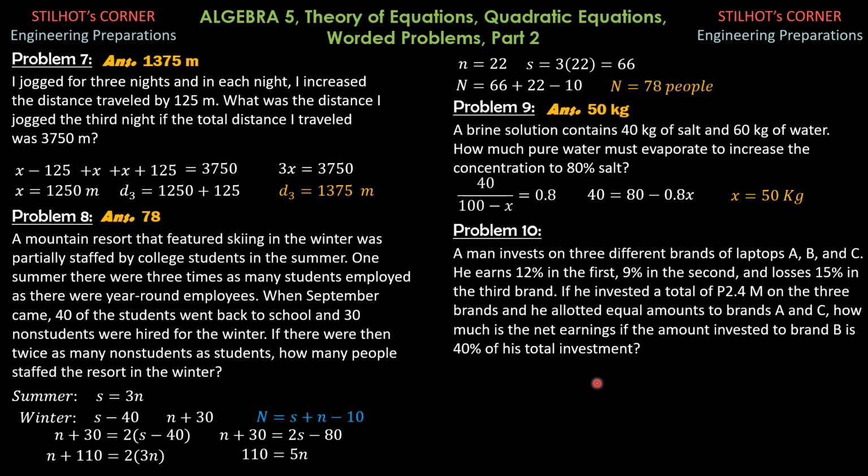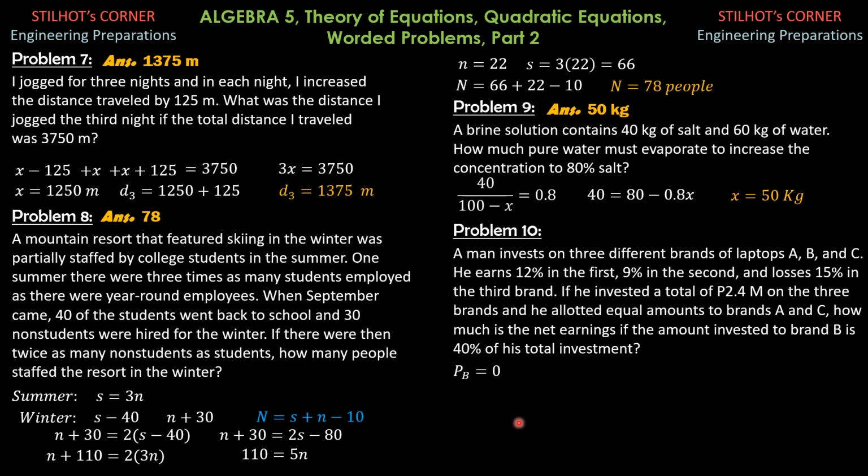So it is stated here that equal amounts was allotted to brands A and C, and for B, 40%, so 60% left, and it should be distributed equally to the amount allotted to A and C. So therefore, the amount allotted to A and C is 30% of 2.4 million.